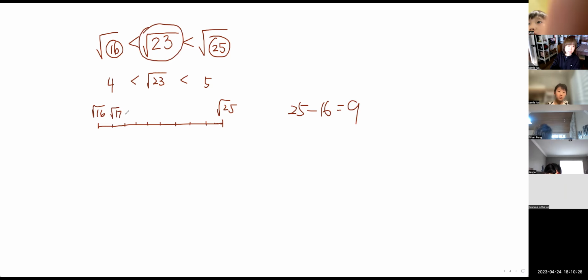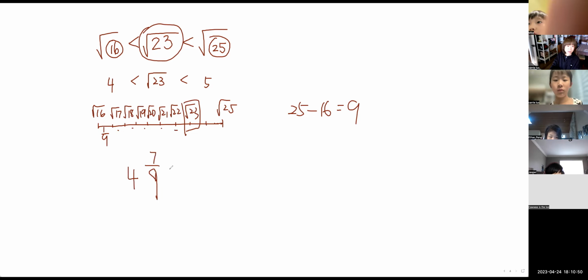So square root 17, 18, 19, 20, 21, 22, and 23. Correct? So each of them is 1 over 9, 2 over 9, 3 over 9, 4 over 9, 5 over 9, 6 over 9, and 7 over 9. So it's basically 4 and 7 over 9.